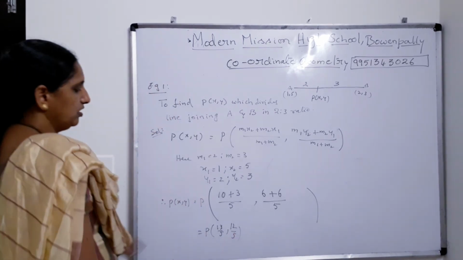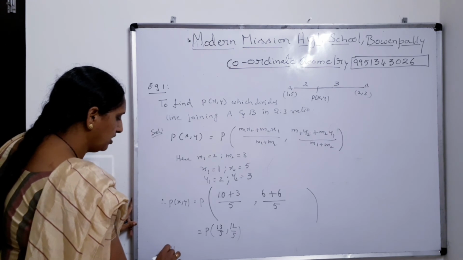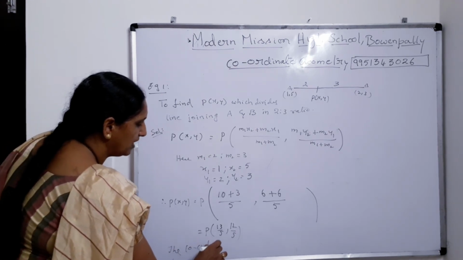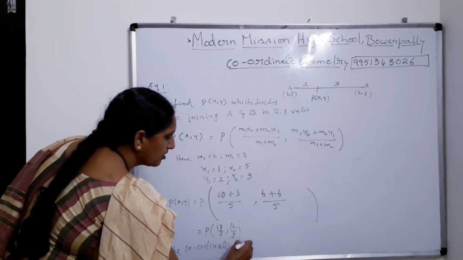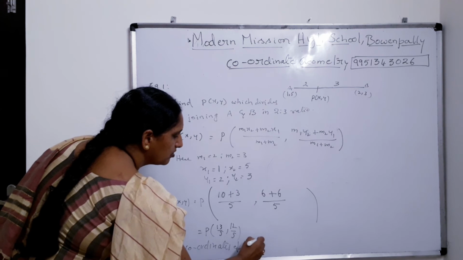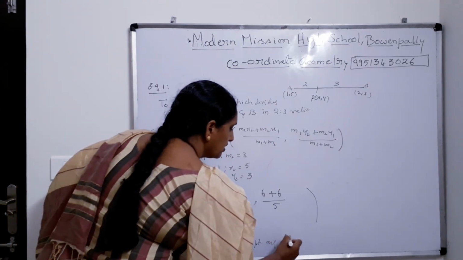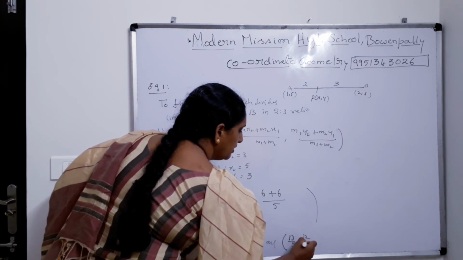So therefore the coordinates of the point are 13 by 5, comma, 12 by 5.